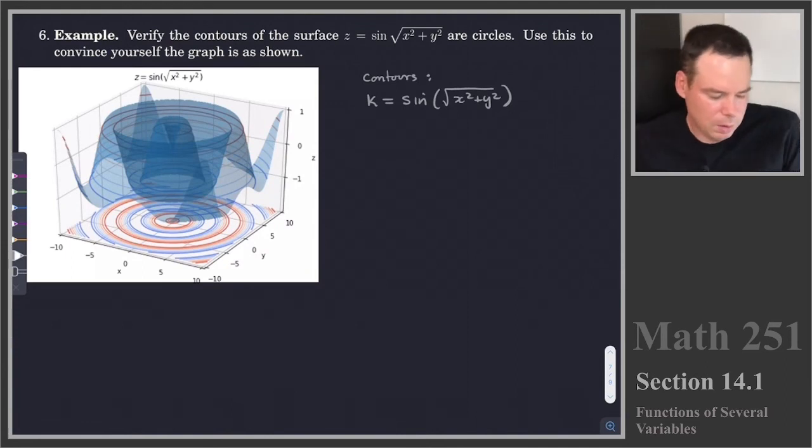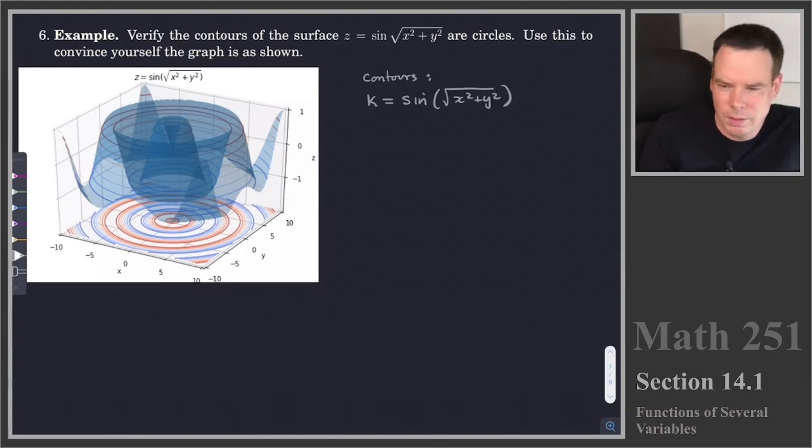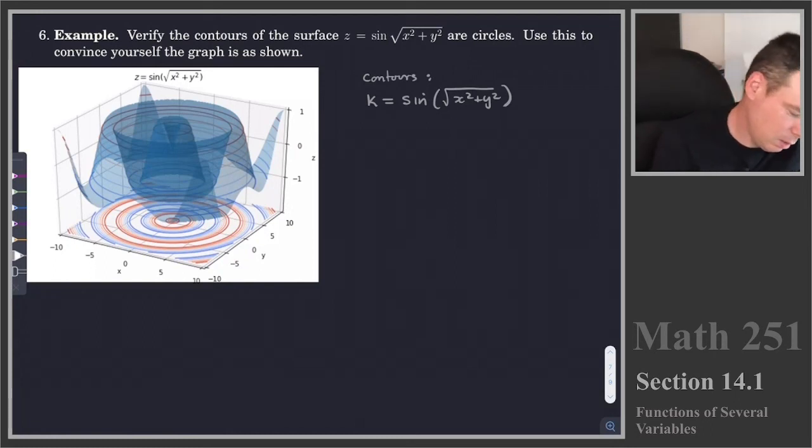So I'm interested in all those xy values for which sine of the square root of x squared plus y squared equals a constant k. I'm just going to take a step back from this for just a moment and think, what kind of answer do we expect? I'm trying to find conditions on x and y so that sine of them is equal to k.